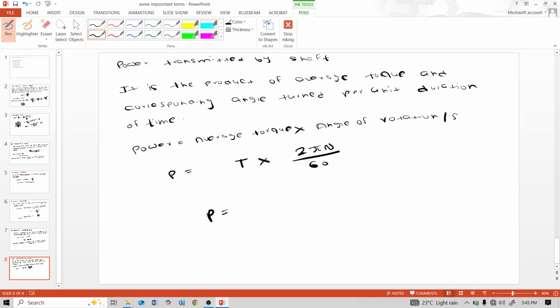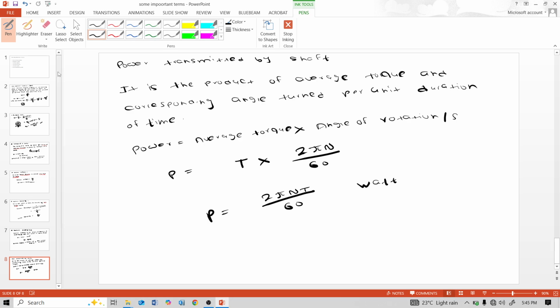So P is equal to 2 pi NT upon 60, and unit is watt. T means average mean torque in Newton meter, and N is number of revolutions per minute.